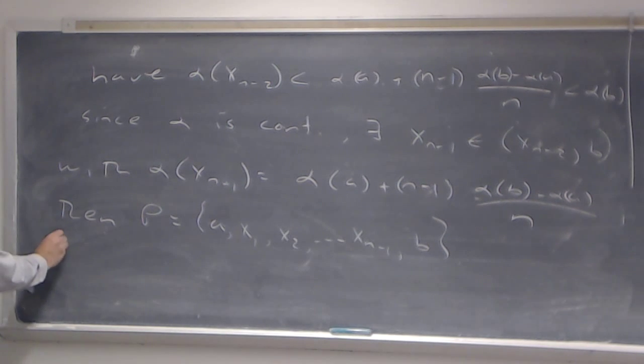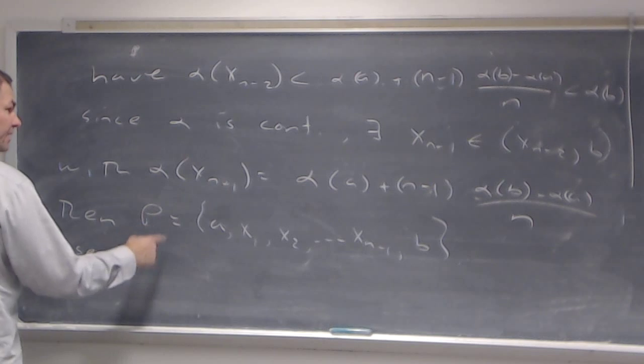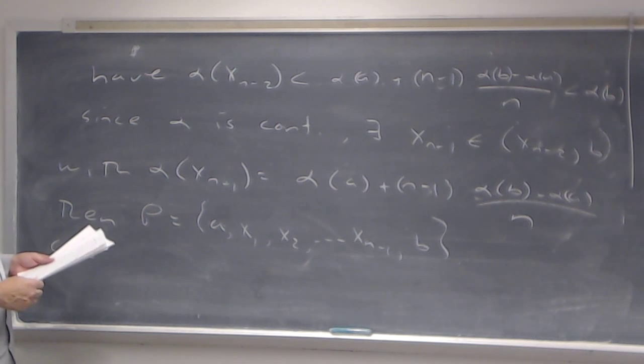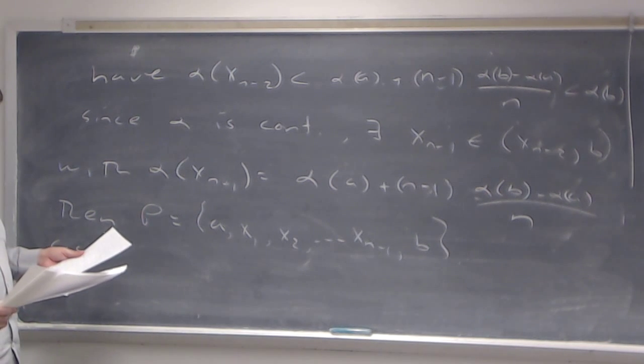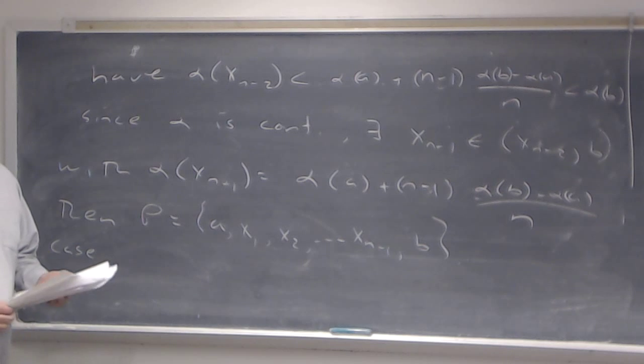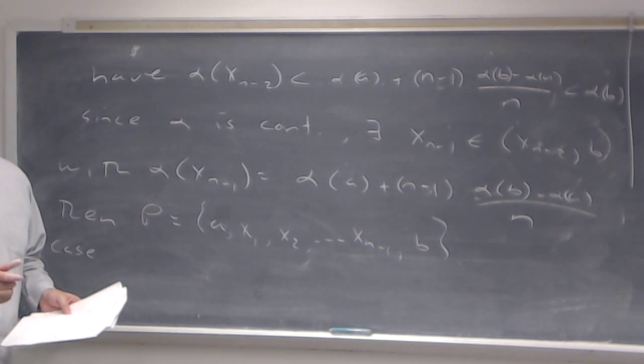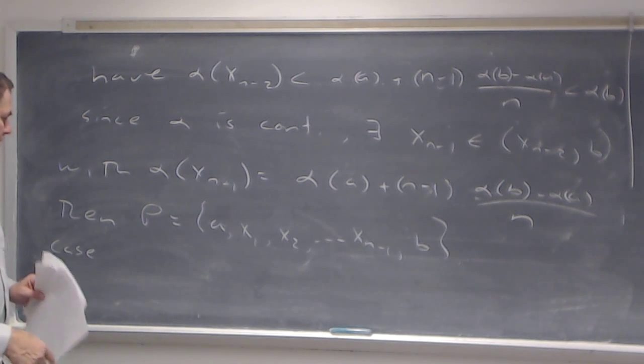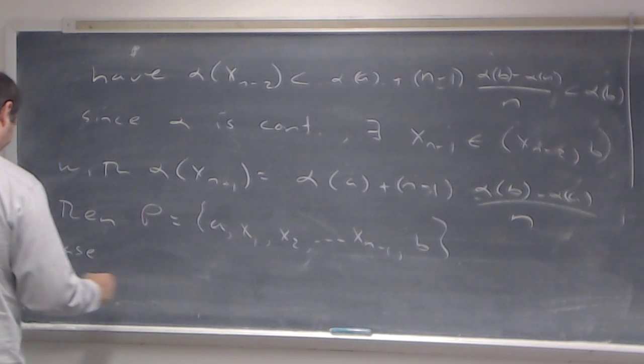Okay. Now, here's a case. So that argument was why we can form the partition that we claimed, a partition such that the change in alpha sub i's is equal to alpha of b minus alpha of a all over n for any fixed n.